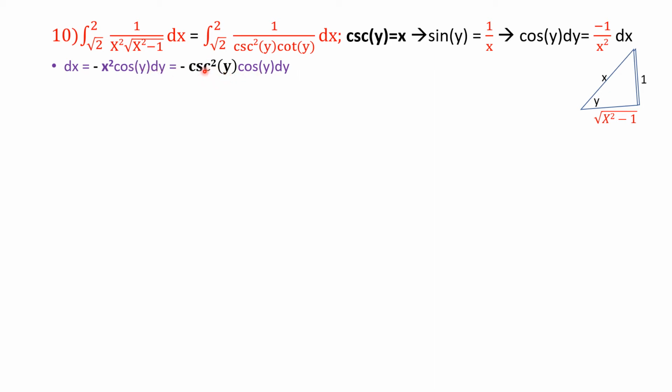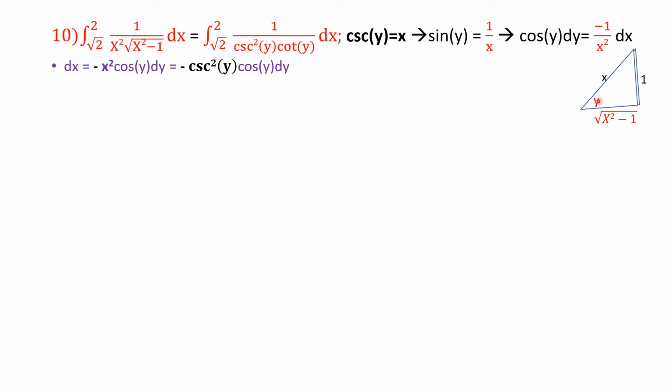So now this will be our numerator, and our denominator we can also convert to a trigonometric function of y, because x squared, as we said, is equal to cosec squared of y. So x squared is replaced by cosec squared of y, and then the square root of x squared minus 1. Let's take a look at the square root of x squared minus 1 over here.